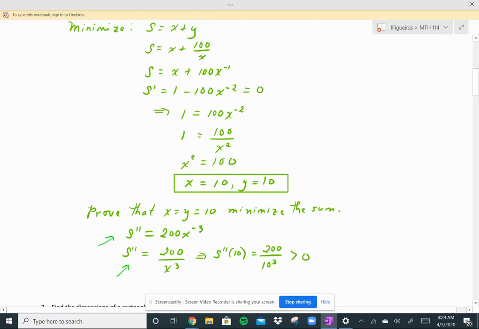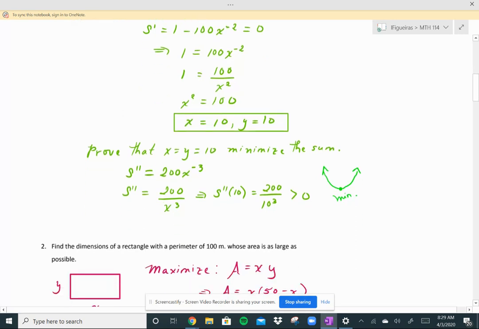When you plug in 10, which is the solution we found above, s double prime is a positive number. When your second derivative is positive, it means the graph is concave up. And if something is concave up, that means that your critical point is a minimum. So that's exactly what we needed to prove, and we're able to move on.